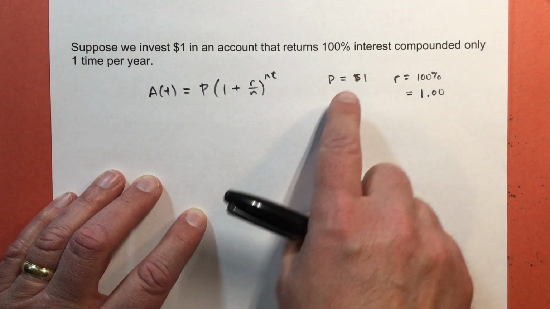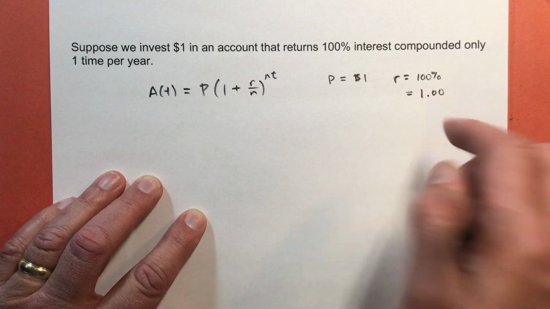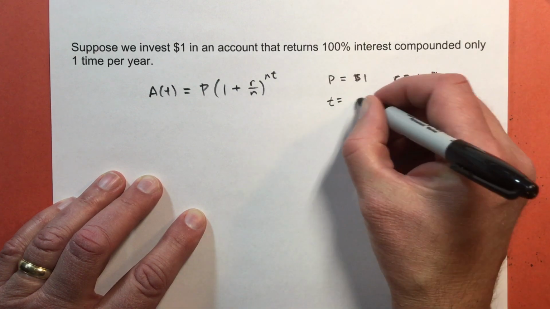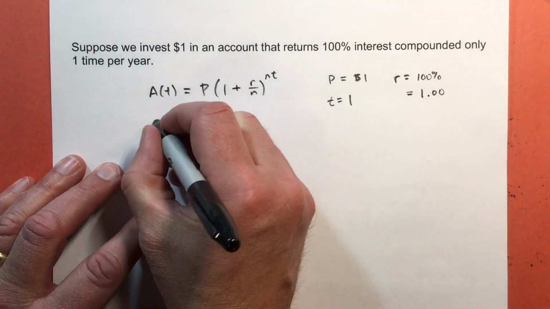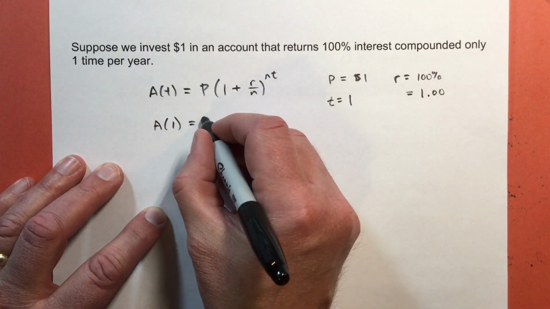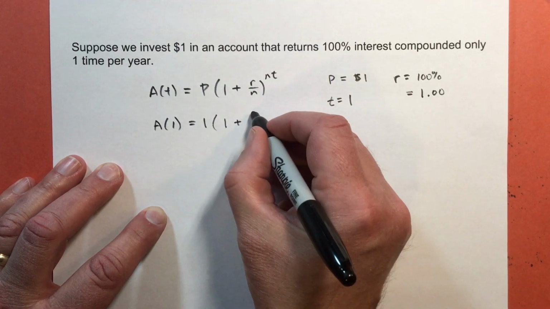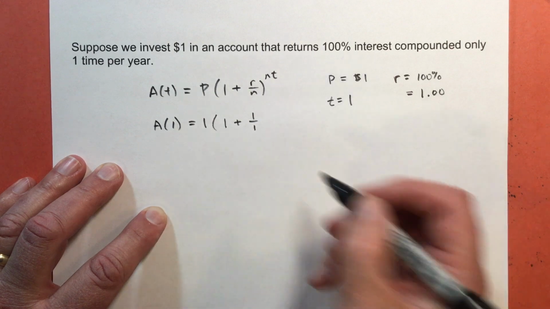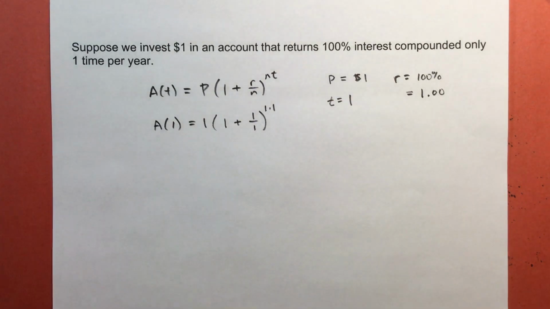So see what I'm doing? $1, the interest rate is 1, and the time is also going to be 1. So I've got a bunch of 1s here. So this means the amount after 1 year is going to be $1 times 1 plus 1 divided by 1 to the 1 times 1 power.